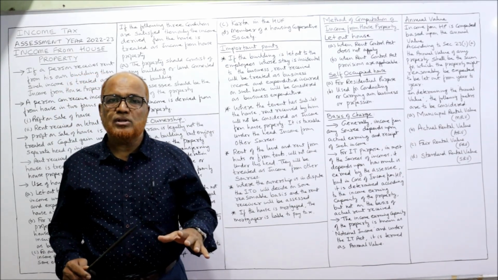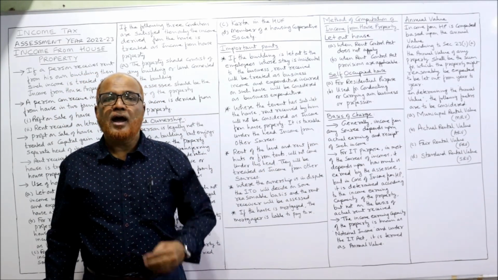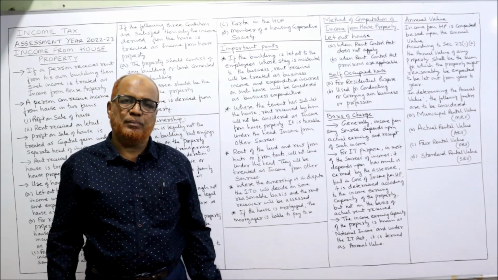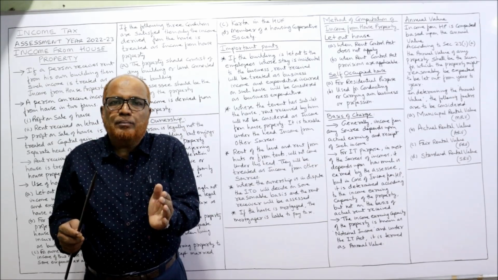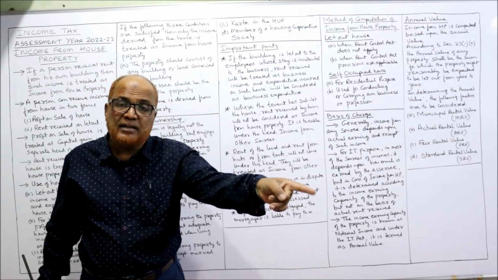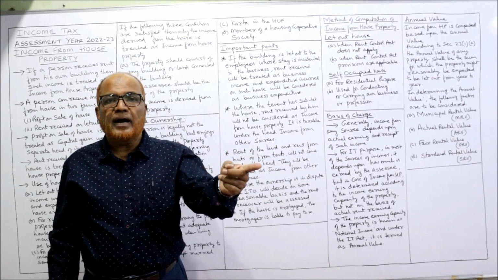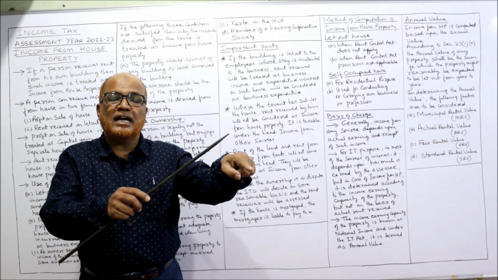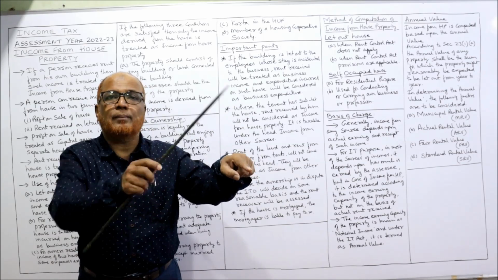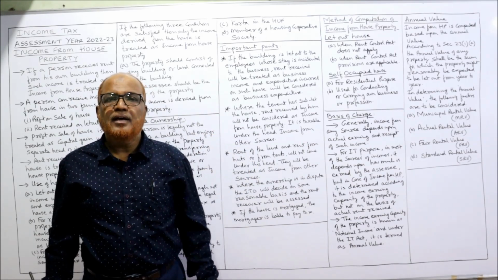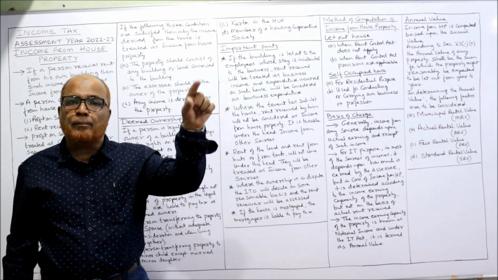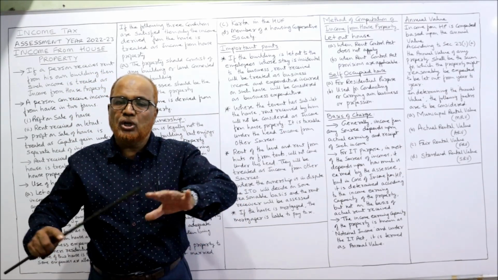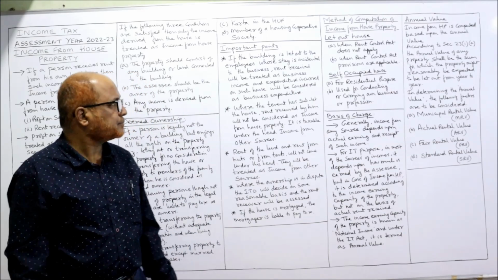Every month 50,000 rent my tenant is giving, and I have given the permission to my tenant to sublet a part of the building. So a part of the building has been sublet by my tenant. So my tenant is paying the rent to me and my tenant is getting the rent from the sublet. In that case, the rent received by subletting the property is income from other sources, not income from house property.